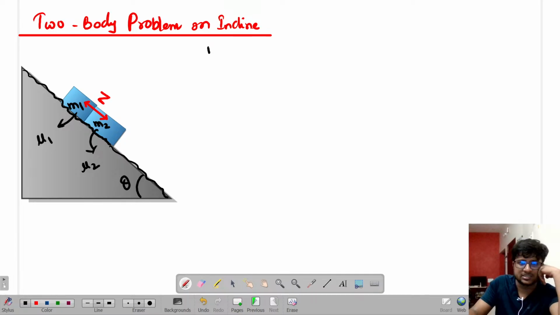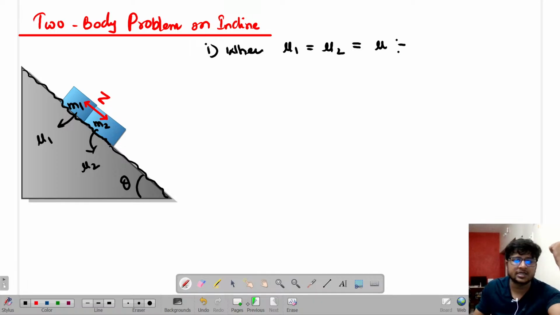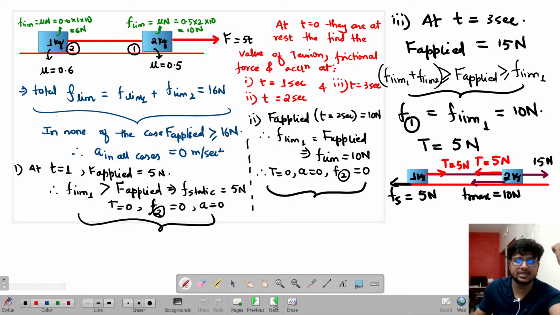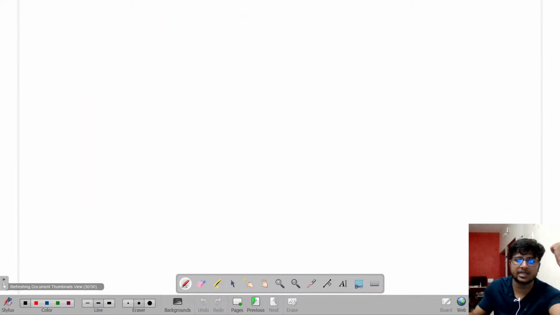First scenario, when mu1 is equal to mu2 is equal to mu. If I look at an inclined plane, normally the acceleration on an inclined plane is given as what?